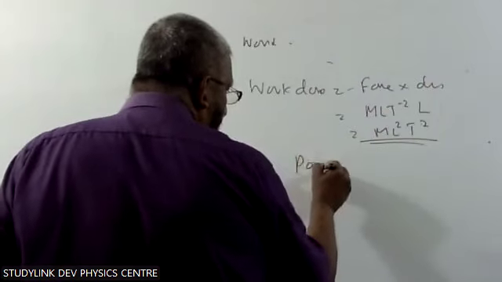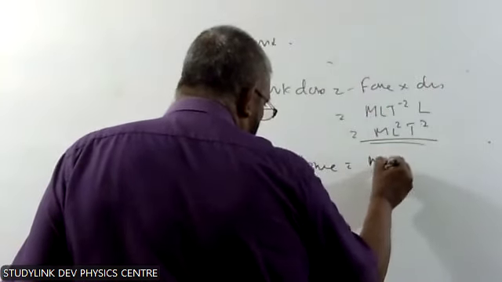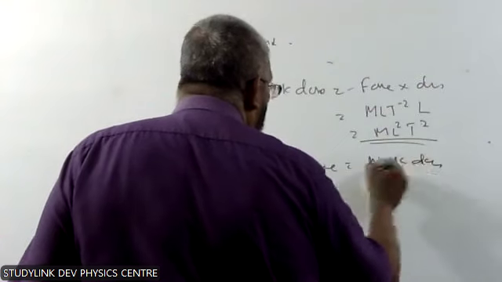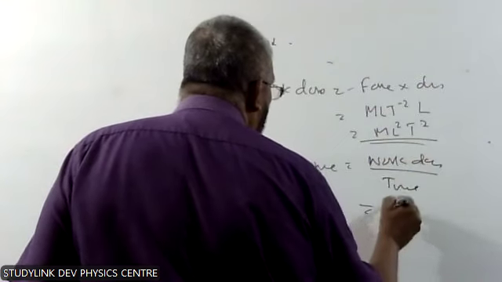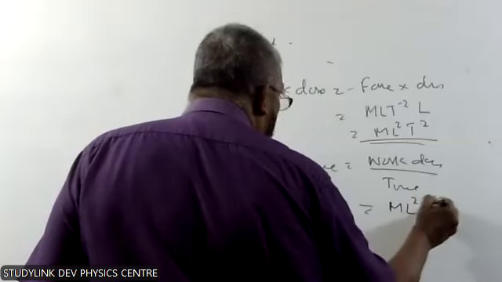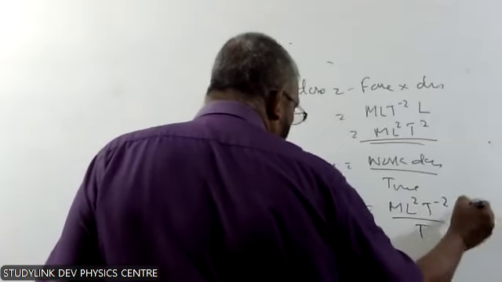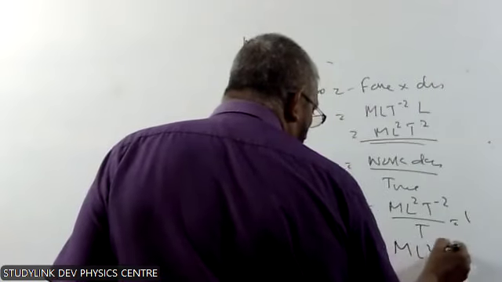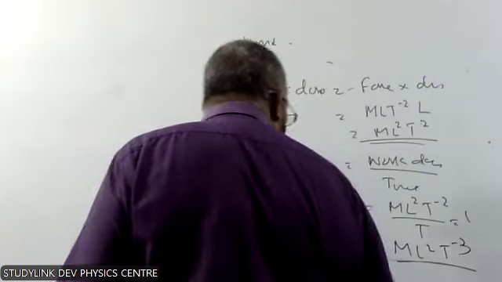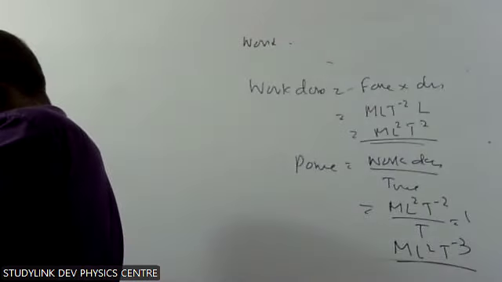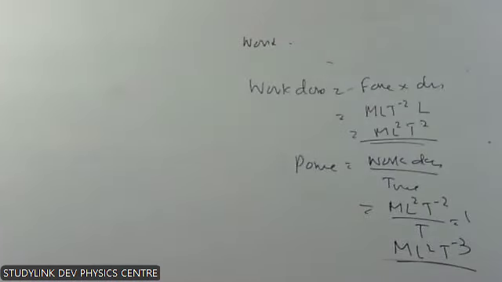Then power is work done divided by time. So work done is ML square T minus 2 divided by T, that is ML square T minus 3. Right. Now we have done up to that.